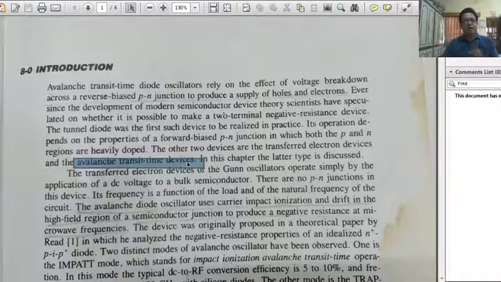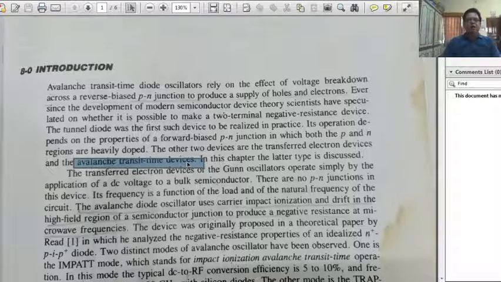Transferred electron devices we already understood in the previous videos, where we studied the Gunn effect and, by using the Gunn effect, the mechanism of the Gunn diode.